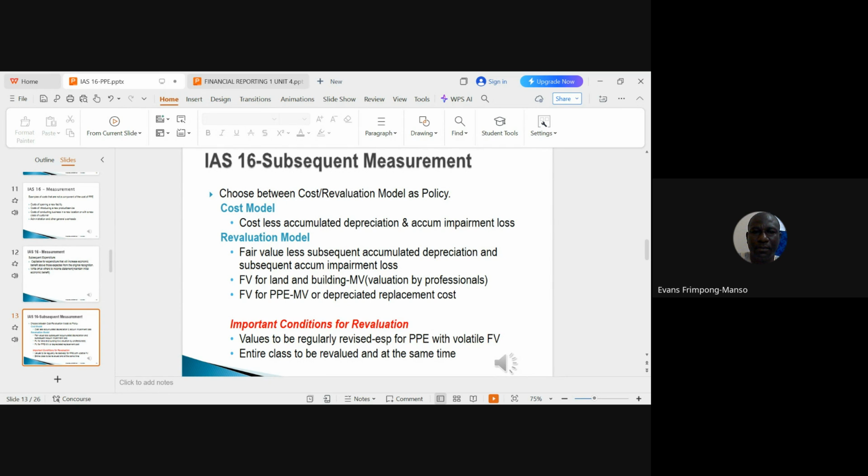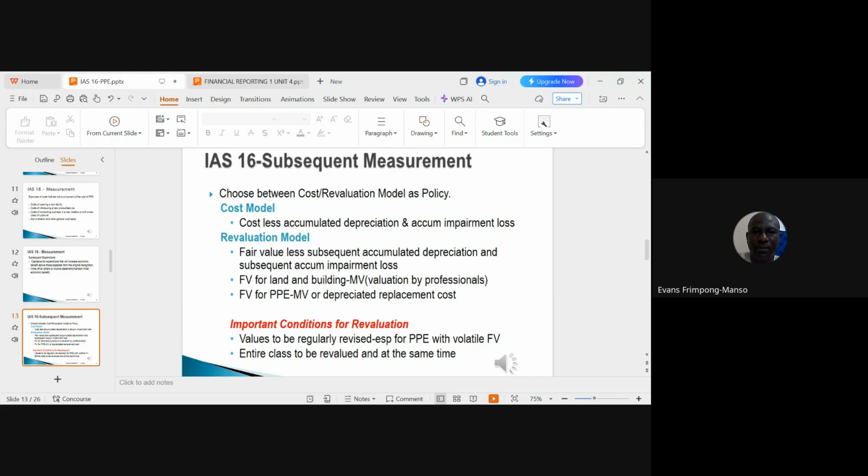Apart from the initial measurement, which we have said should be measured at cost, then thereafter, what happens? That is what is called subsequent measurement. Now, the business has a choice between measuring it at cost or using the revaluation method or model. So subsequent measurement can be the cost model, or you can choose the revaluation model.